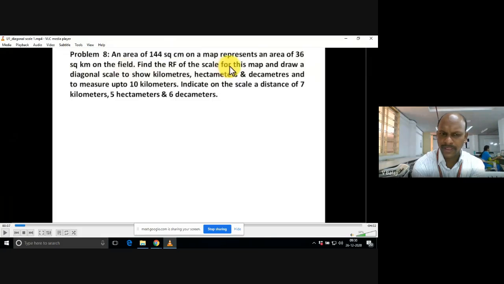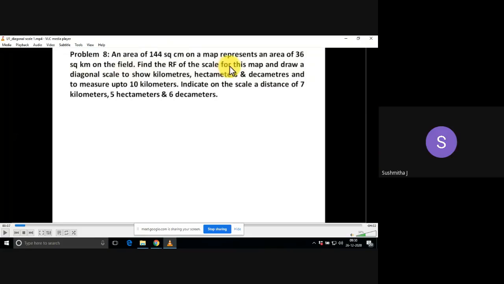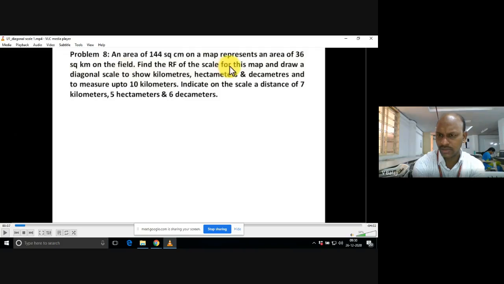Field means some land. Now tell me, what is the formula for RF? So 144 by 36. Very good.